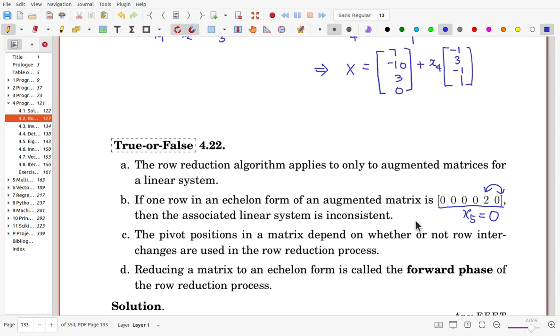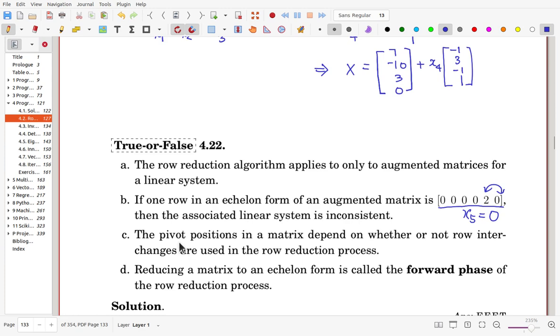It may have a solution depending on the other rows, where the consistency may be decided. This row is not saying that there is no solution. Okay, so it is false.